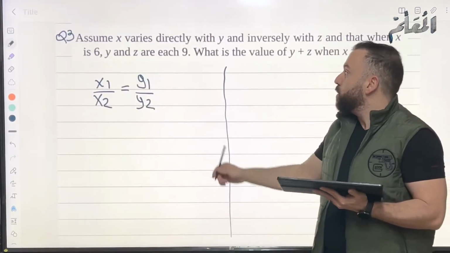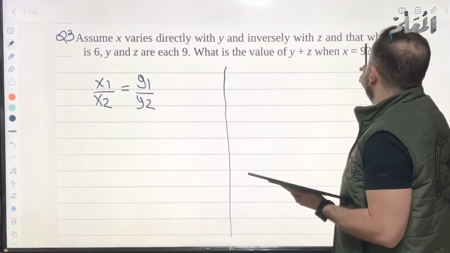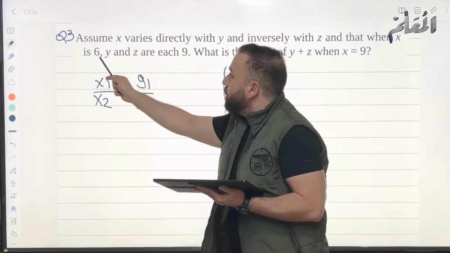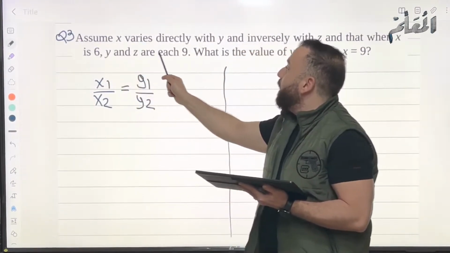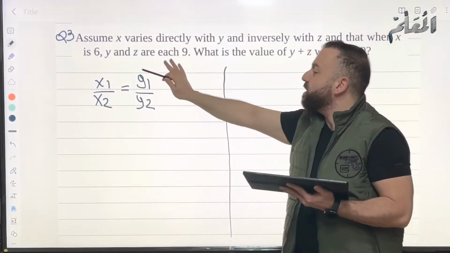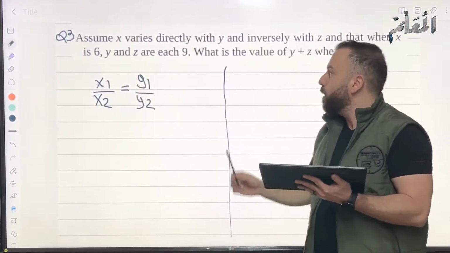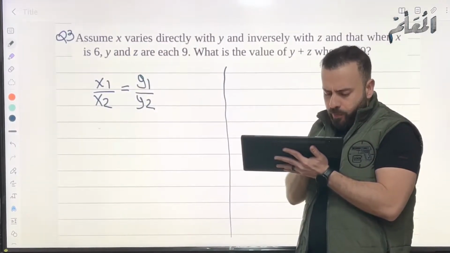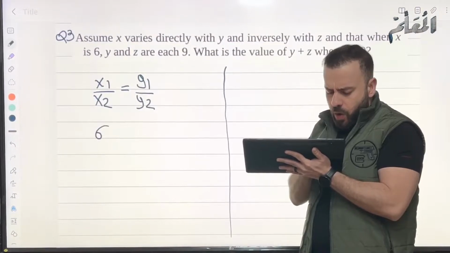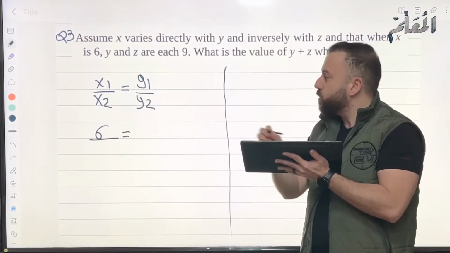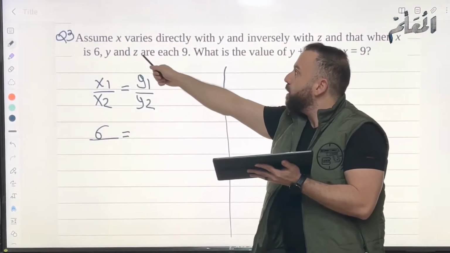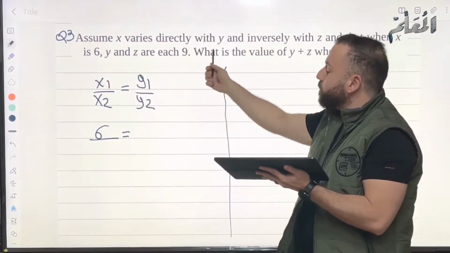The question is telling me that when x is 6, y and z are each 9. Just leave z, let's talk about y. So 6 over x2 is equal to y1, which is 9.